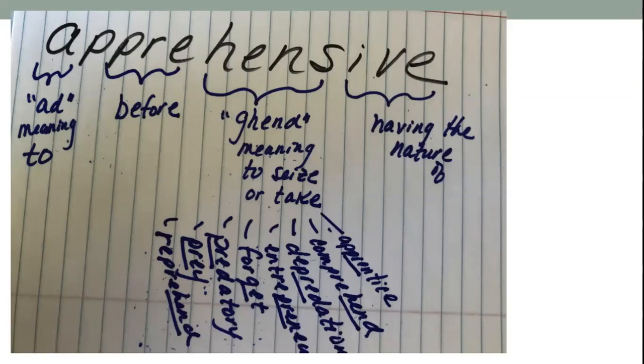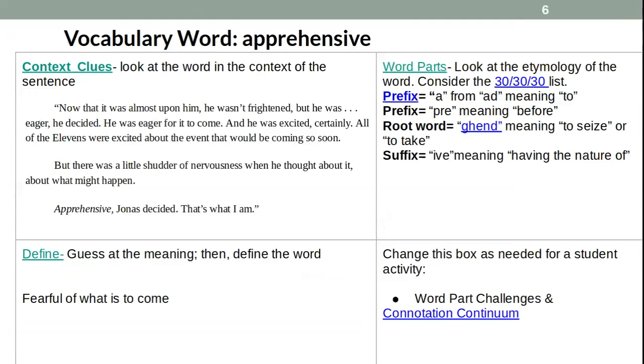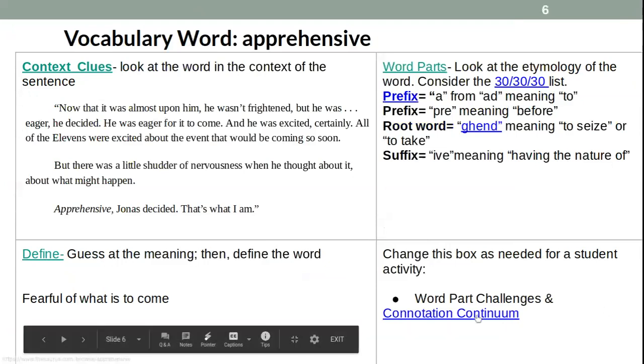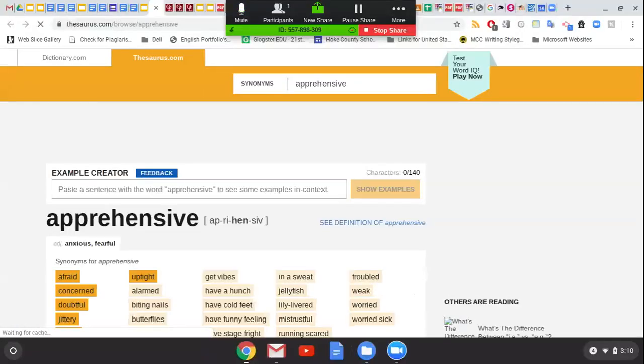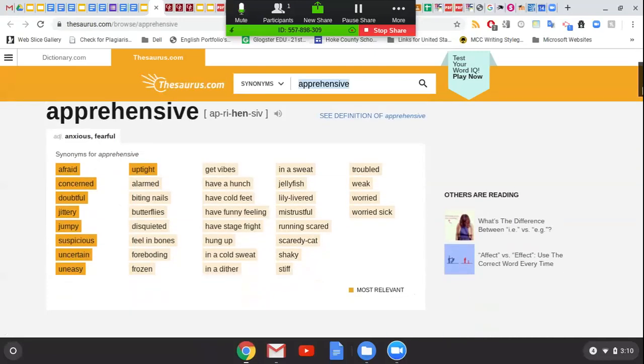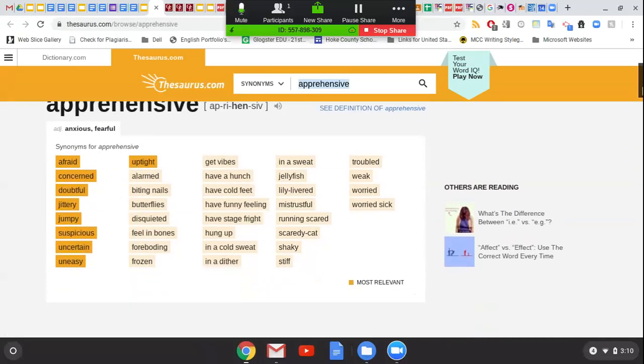This is also a good word when you look up synonyms and antonyms. It has lots of great synonyms and antonyms. This is one I might do a connotation continuum with, and I might say, find 5 words and put them in order from mildest to strongest with emotional appeal. So for example, concerned is not nearly as strong as foreboding or frozen.